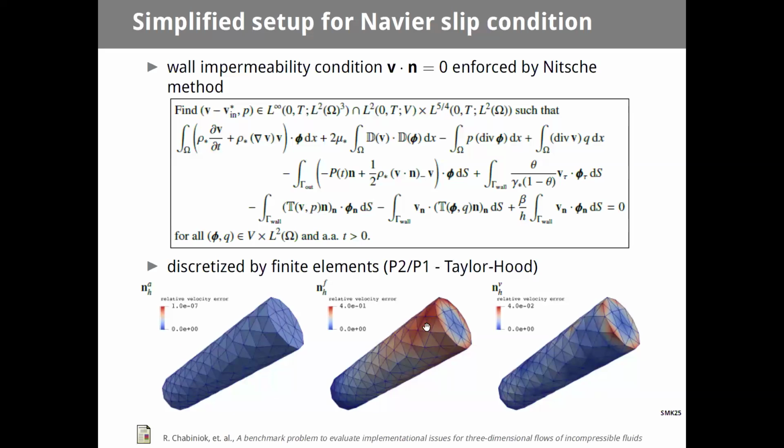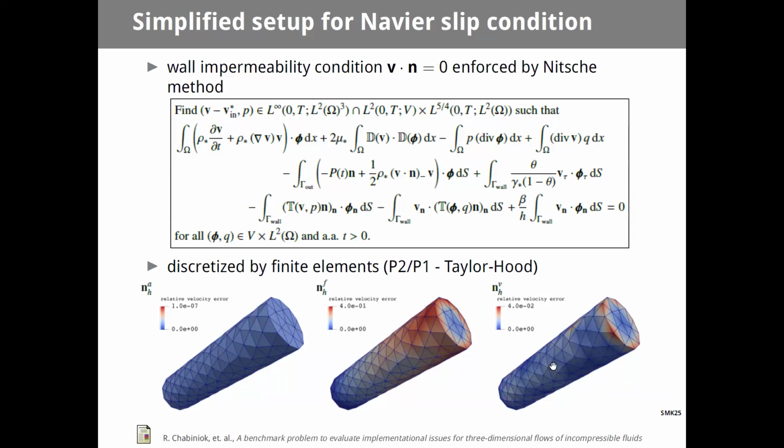And I mean, in some sense, it's clear that you are computing on a piecewise planar approximation of the cylinder. So the slip condition is enforced always in the direction of the plane. So if your mesh is not fine enough, you will get quite a bad solution.